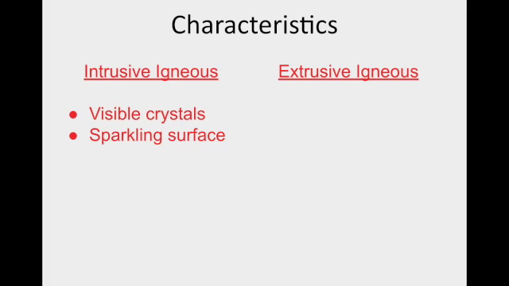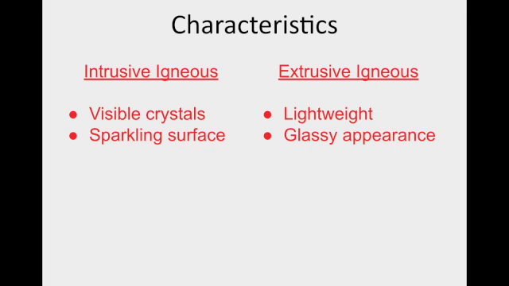For extrusive igneous, it is lightweight, or can be lightweight, like we talked about with pumice. It can have a glassy appearance, like we talked about with obsidian. That's, again, because of its cooling time. It cools really rapidly, so there's not a chance for crystals to grow. It can have a bubbled or porous texture. Porous meaning holes. We talked about that with pumice as well.